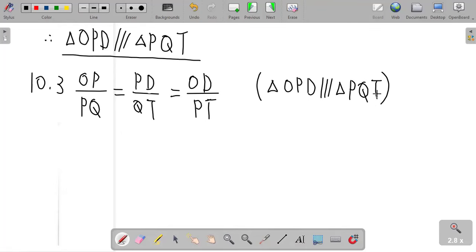We cross multiply, then we get QT multiplied by OP.